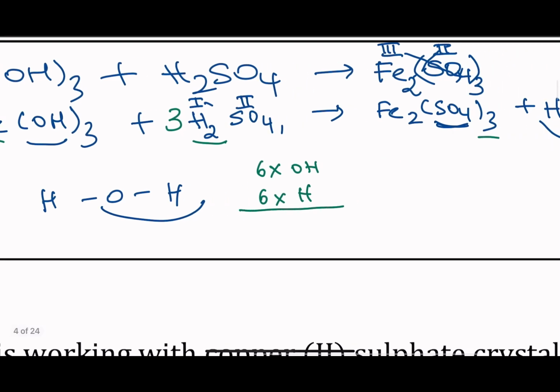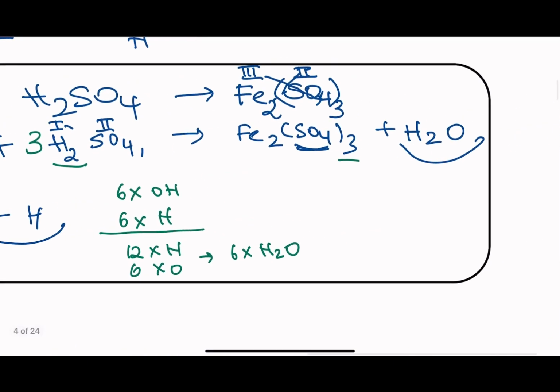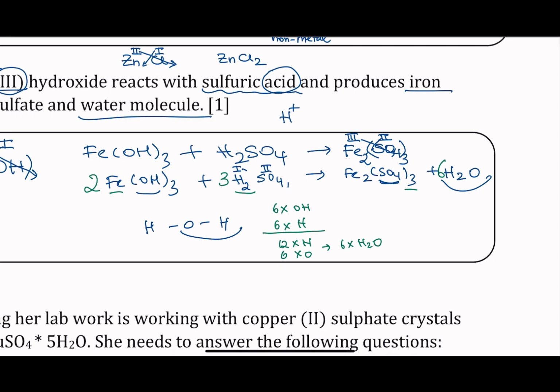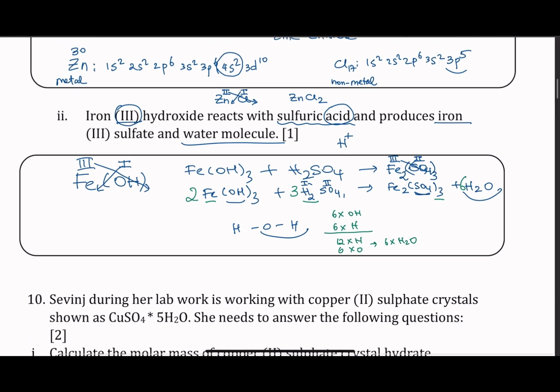If you add them up, so altogether you have what? 12 hydrogens and 6 oxygens, right? And this is actually 6 times water. Do we agree? And that's why you're going to put 6 in front of this and everything would be fine. Okay, now we're done with that.